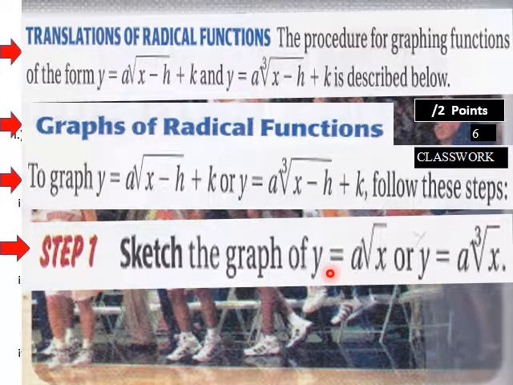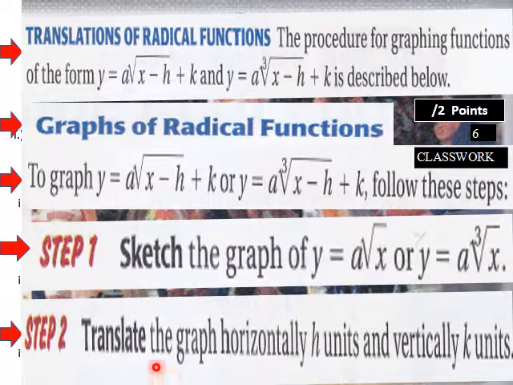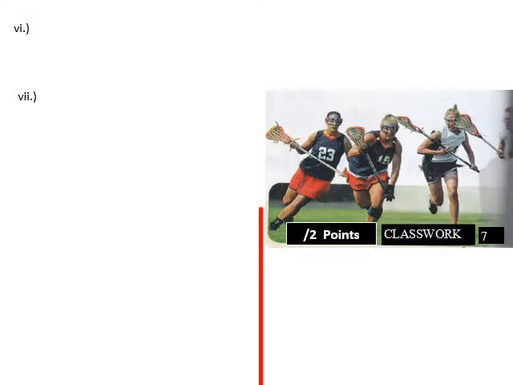Sketch the graph of y equals a radical x, or y equals a times the cube root of x. Translate the graph horizontally h units, so this is our horizontal translation, and vertically k units, so this is our vertical translation.